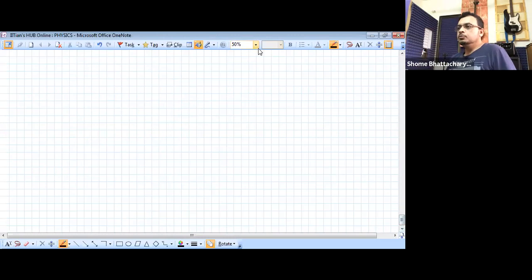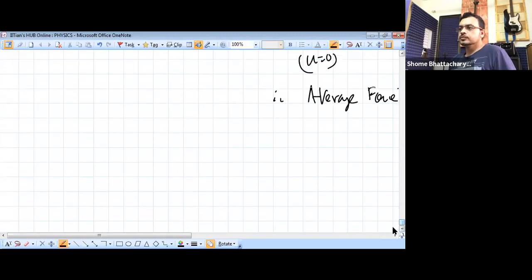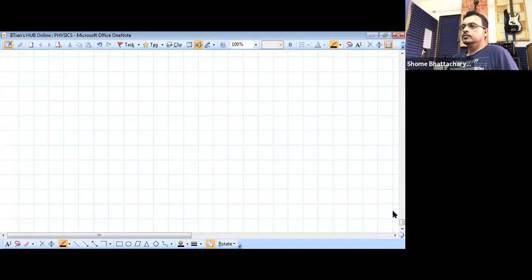Okay, now moving on to the next aspect of Newton's laws of motion. Now, when we talk about forces in general, we have to understand one thing, that Newton's second law has defined the relationship between net force and the rate of change of momentum.